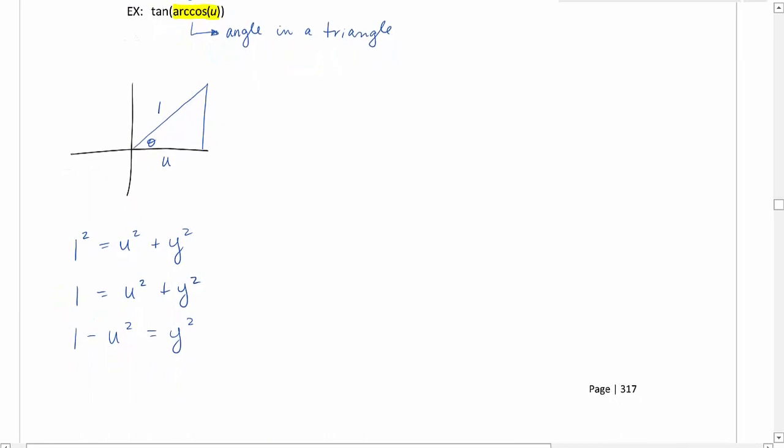And then we are going to take the square root of both sides. Now, typically, the plus or minus shows up in square root property, but think about it. Since we're in quadrant 1, the y value is going to be positive, so we're only going to have the plus.